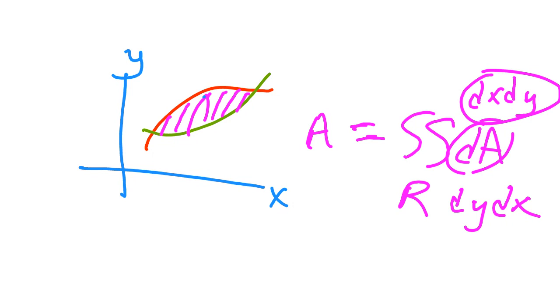I can do tiny changes here, there, and then look at a kind of tall, skinny rectangle here. Anyway, so let's just do an example.